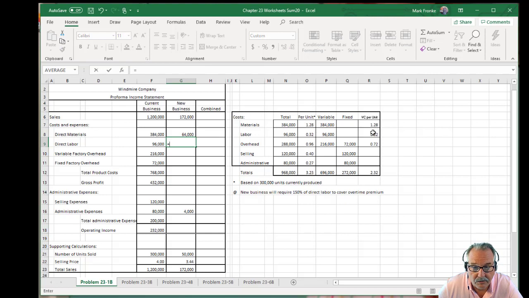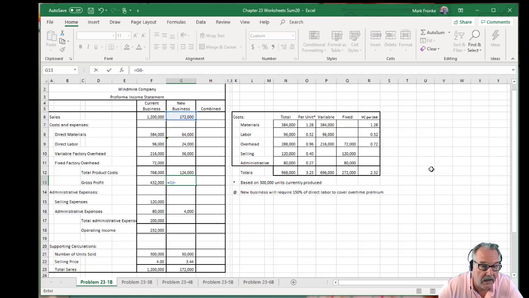So I'll take the 32 cents times 50,000 units times 1.5, which is a time and a half overtime premium. And then we'll have our variable overhead of 72 cents times 50,000 units, $36,000. We won't have any additional fixed factory overhead.